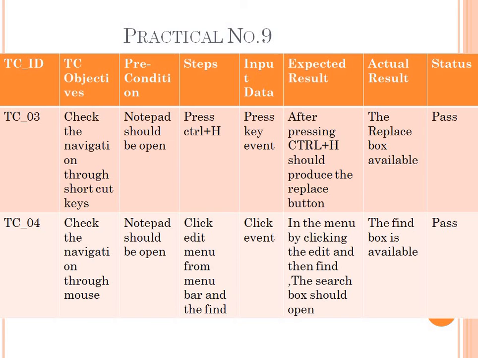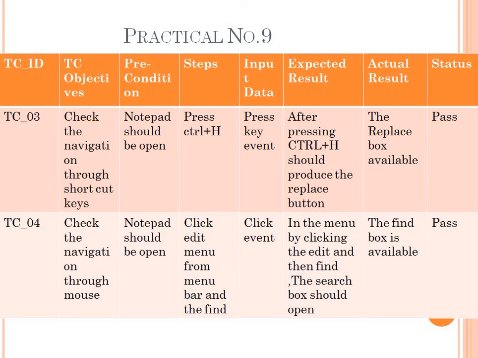The next one is test case number 4, and its objective is to check navigation through the mouse. The precondition is that Notepad should be open. The step is to click on the Edit menu from the menu bar and then the find option.